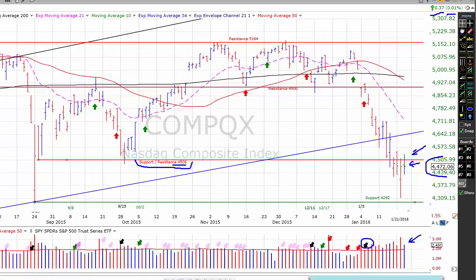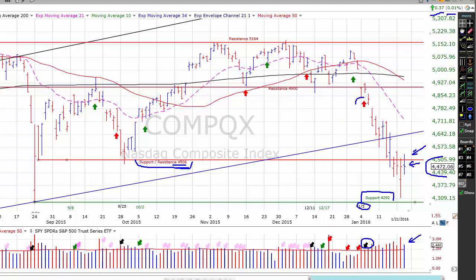The Nasdaq Composite, for you followers of William O'Neill, is currently indicating a market in correction. We've been in a market in correction since January 5th. Right now, the Nasdaq is bracketed by support down here in the 42.92 area, and as we noted earlier, resistance up here in the 45.06 range.